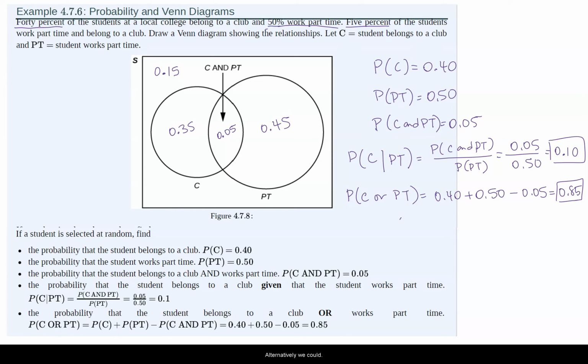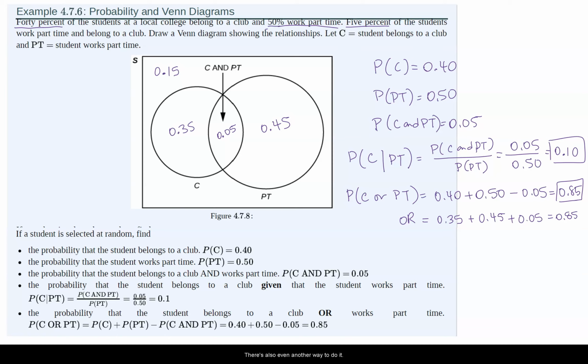Alternatively, we could count only the club percentage, 0.35, only the part-time percentage, 0.45, and only the overlap, 0.05, and we end up with the same number. In this case, notice we're not double counting the intersection.